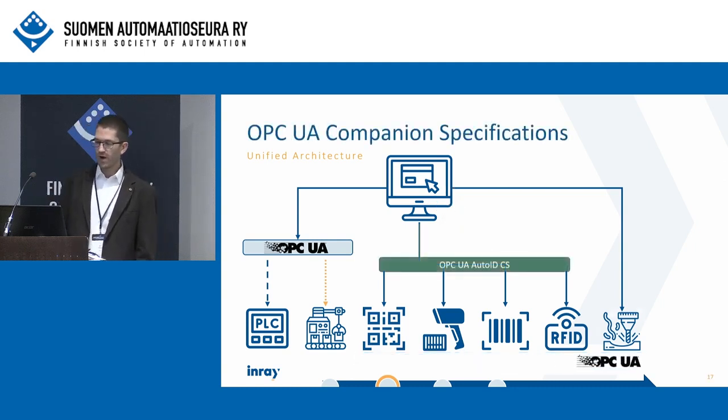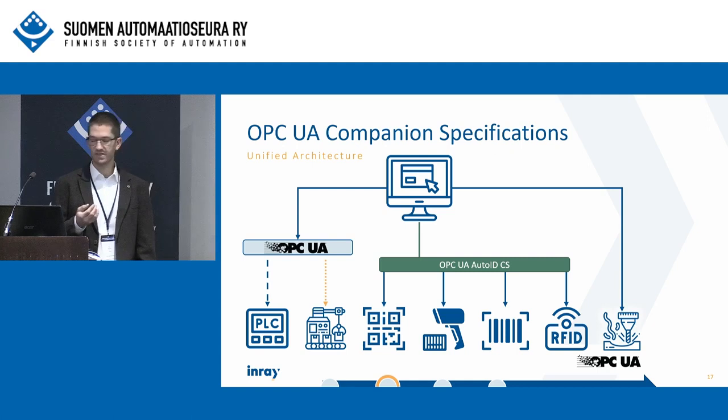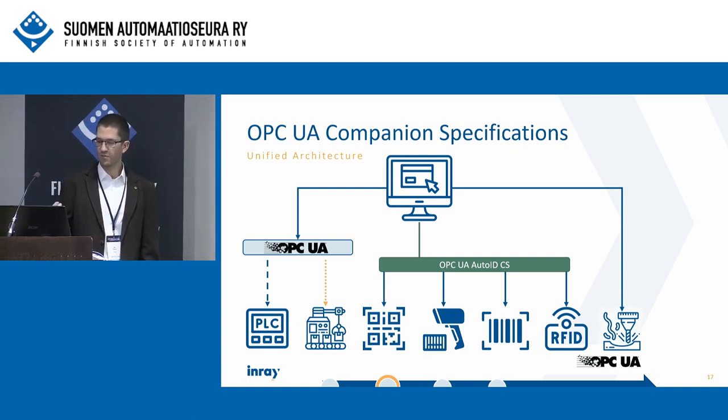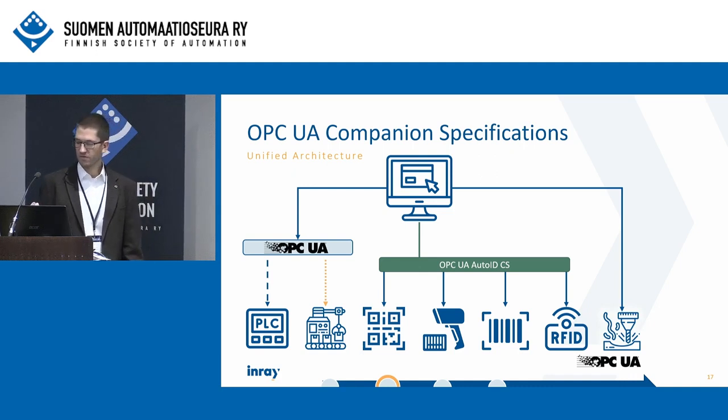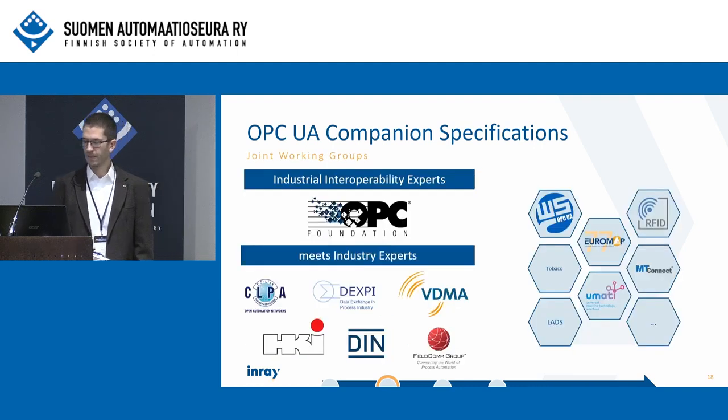This is where the power of the companion specifications comes into play. Thanks to the OPC UA Auto ID companion specification, in this example, device vendors are able to harmonize this. So from my application's point of view, there's no difference in connecting to a reader from one vendor or the other. These and many other companion specifications are provided by so-called joint working groups in which the OPC Foundation works together with industry, associations and companies.